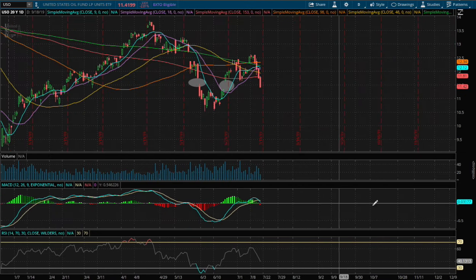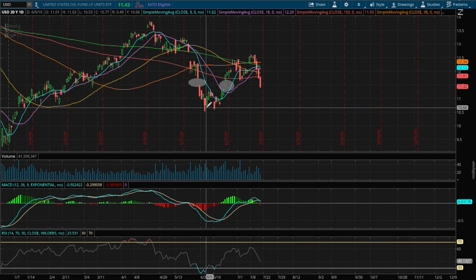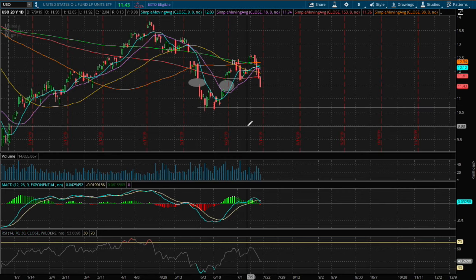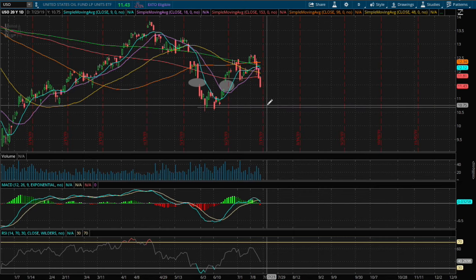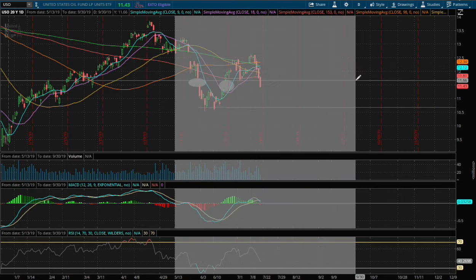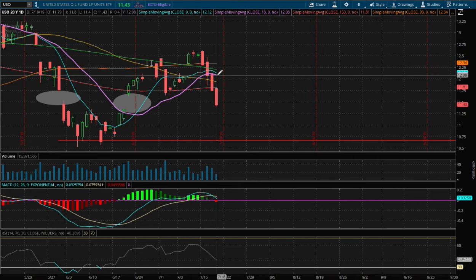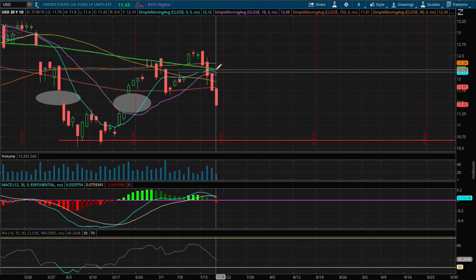And for support, the immediate support that I see is where we made a low back in early June, right down here around the price of 10.67. And if we were to reverse and head higher, I see resistance that coincides with the 200-day moving average and the 9-day and 18-day moving averages, roughly around the price of $12.14.